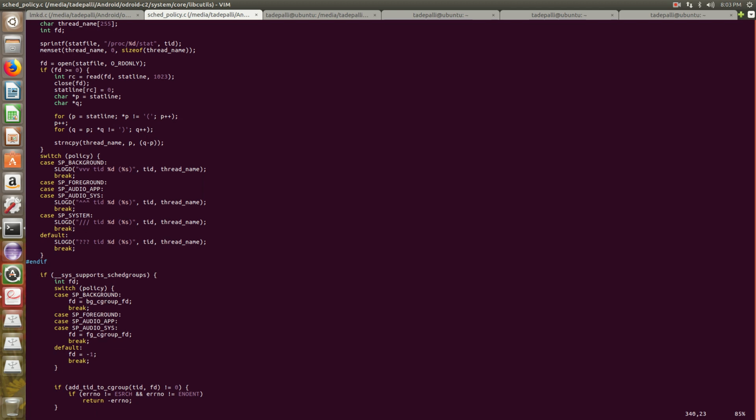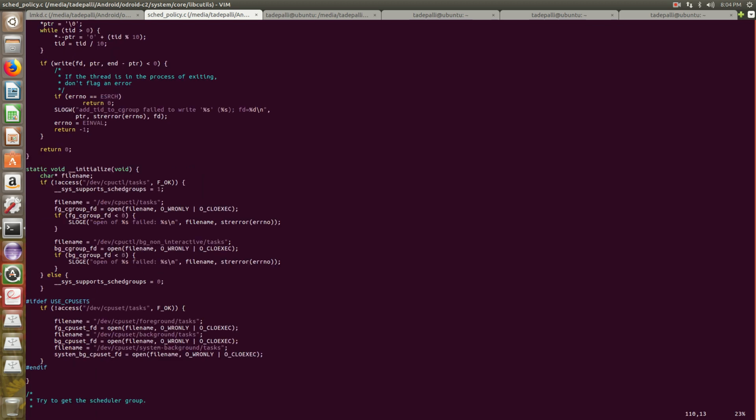And for foreground, audio app and audio sys, you have a foreground C group for which we have the file descriptor open. Then all we do is pass that file descriptor and call add tid to C group. What this does is it takes the thread ID and puts that particular thread into the corresponding C group.